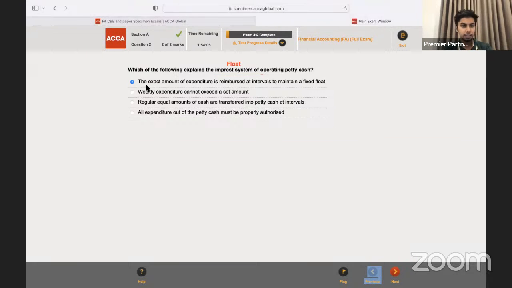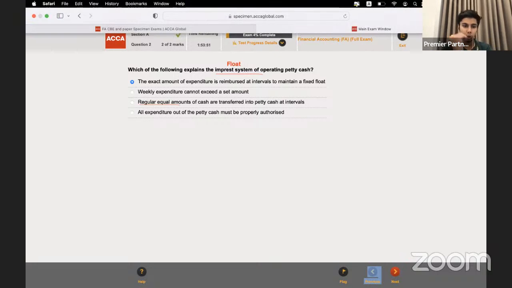The reason why the third option is wrong is because regular equal amounts of cash are transferred into petty cash at intervals. Usually, in a petty cash book, at the end of the month, we give back the amount that we spent. If in the first month we had spent 300, we would give 300. In the second month, if they had spent 200, we will give 200.